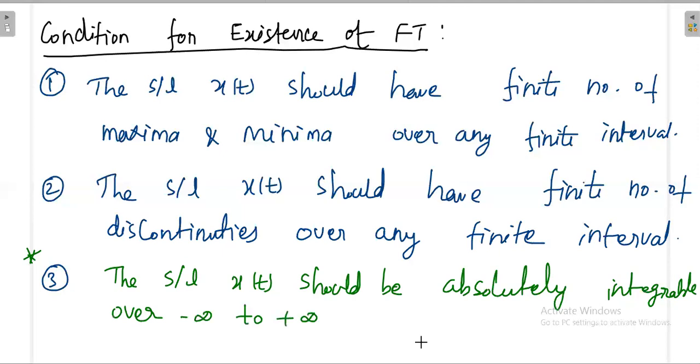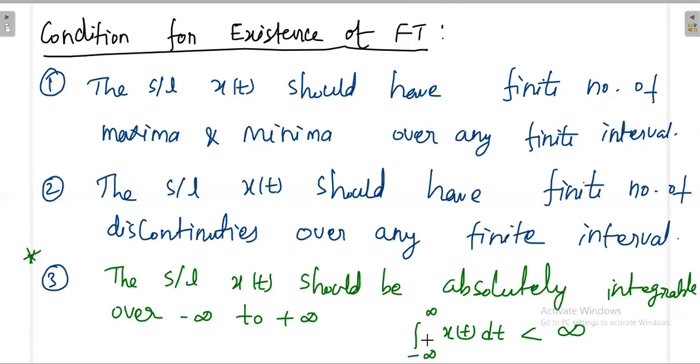That means the integral from minus infinity to plus infinity of the magnitude of x of t dt should be less than infinity. That means the integral value has to be finite. Then only we can write the Fourier transform. If we are not following this condition, then we cannot directly write the Fourier transform. Then we have to make some adjustment for writing the Fourier transform.